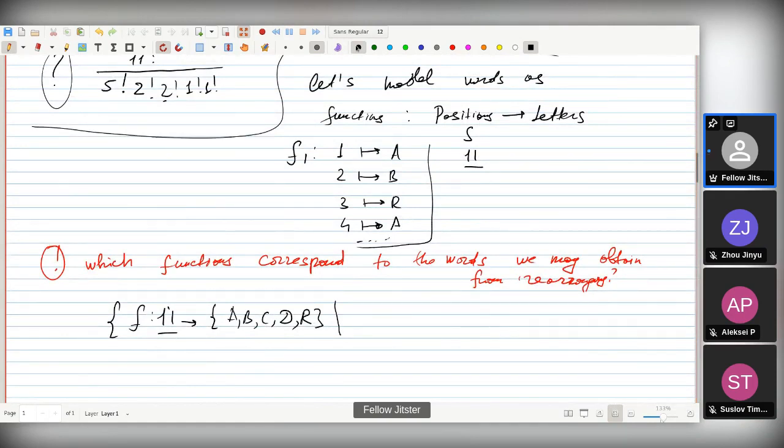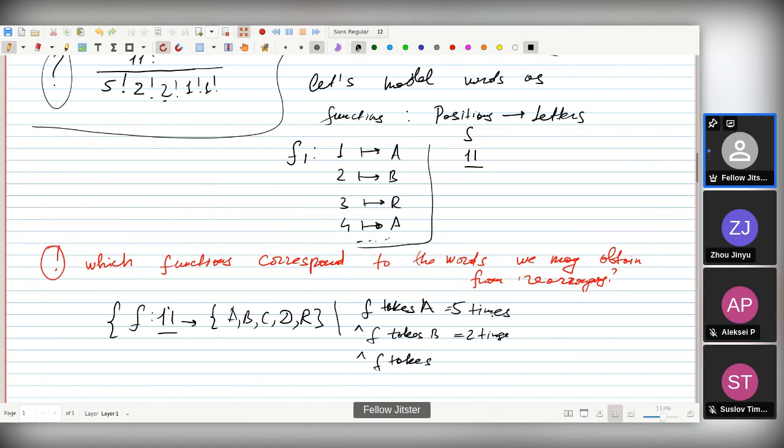Let us consider just those functions which take, say, A, exactly 5 times. Is it clear? Yeah. F takes B how many times? 2 times.